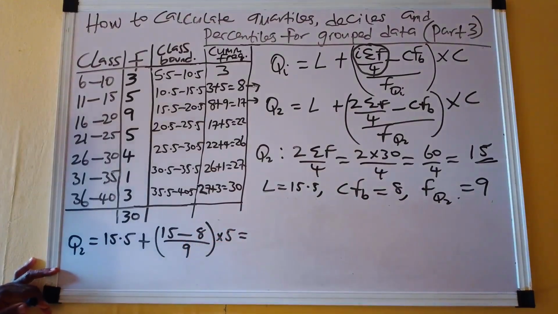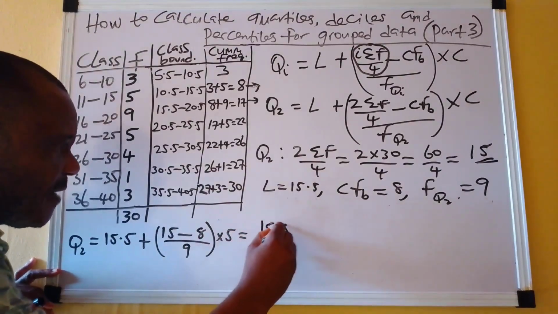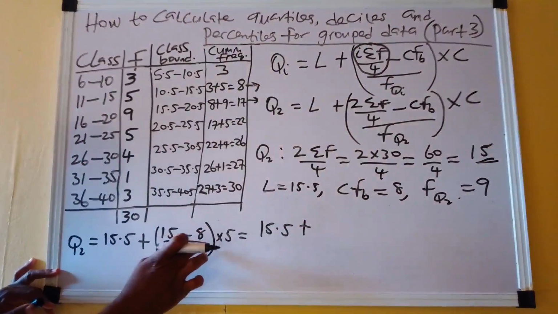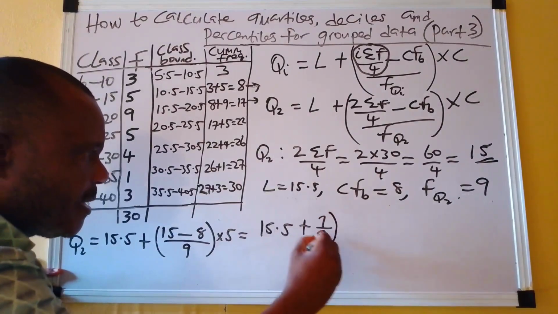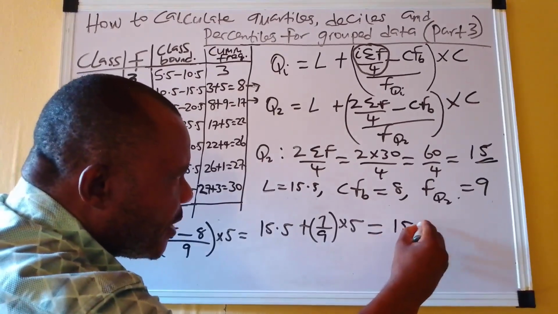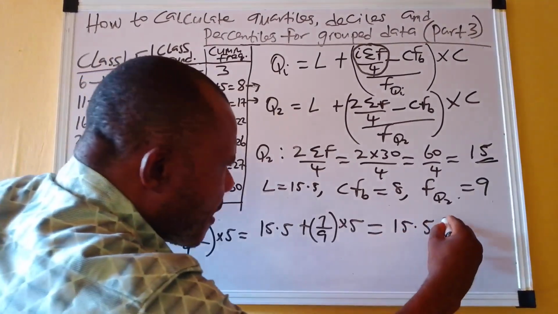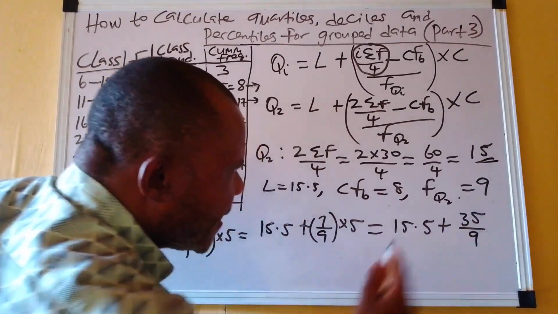So this will be equal to 15.5 plus 15 minus 8 is 7, all over 9 times 5, and this will be equal to 15.5 plus 7 times 5 is 35 all over 9.